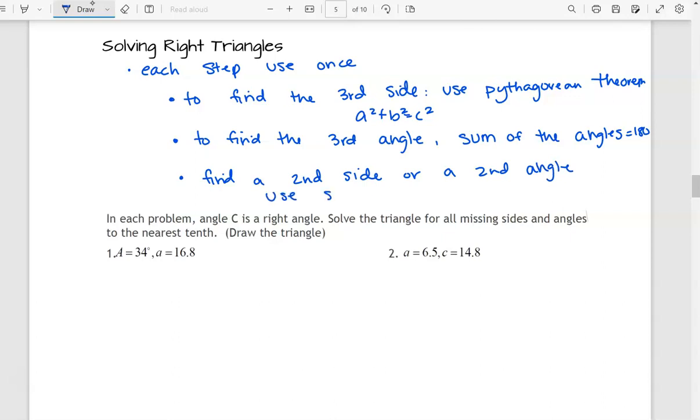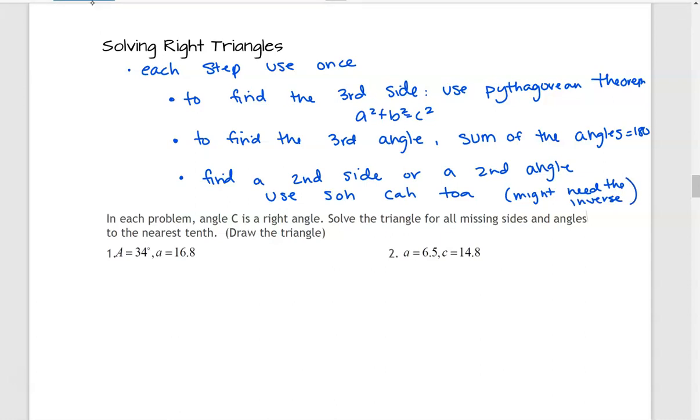We're going to use SOHCAHTOA. And again, we might need the inverse, if we're looking for our angle instead of a side.